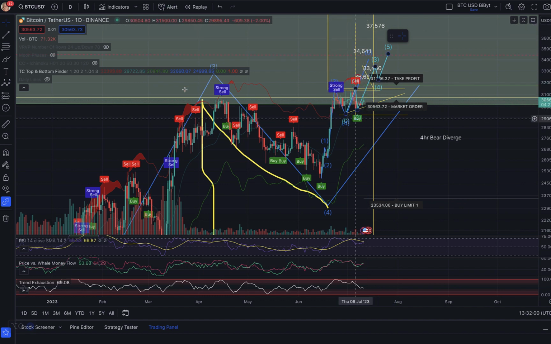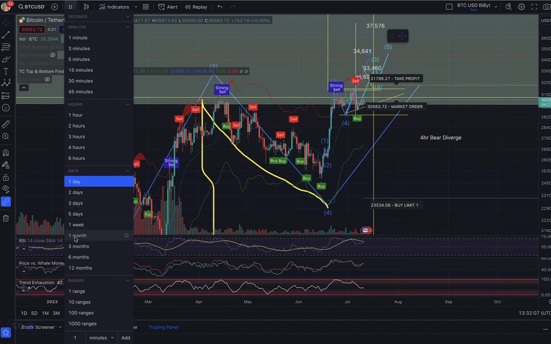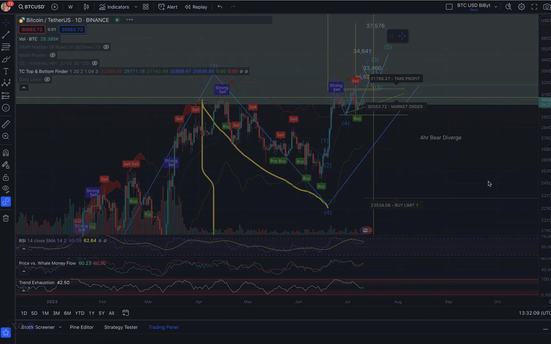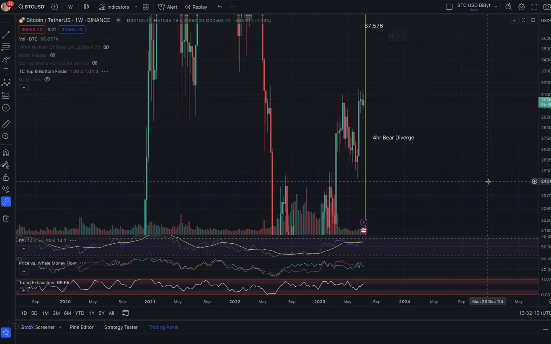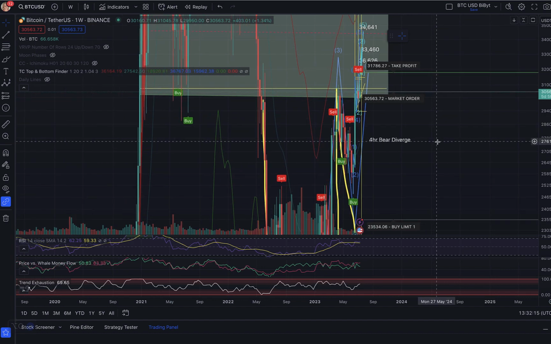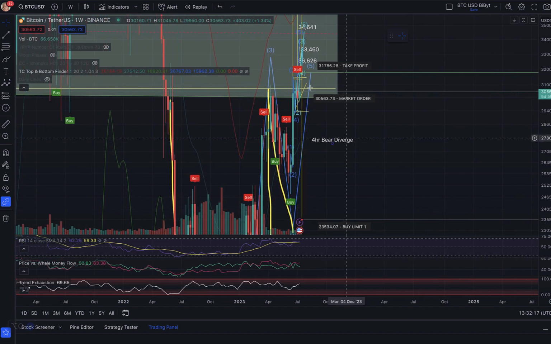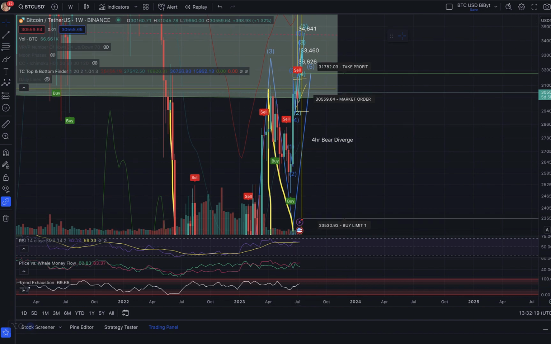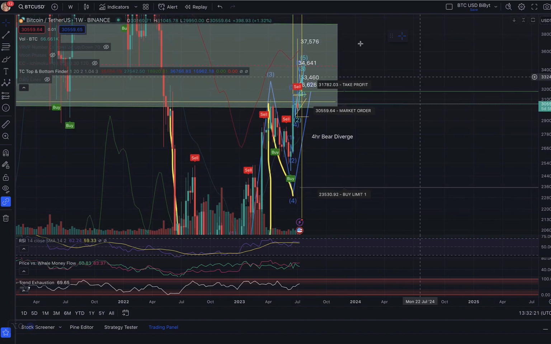We do have a buy signal on the daily, so I do think we are going to get continued momentum to the upside. What we do need to be aware of is we have a sell signal on the weekly. We have the bearish divergence on the weekly, so that's saying that we are starting to run out of momentum to the upside, so those bigger numbers may not get reached.